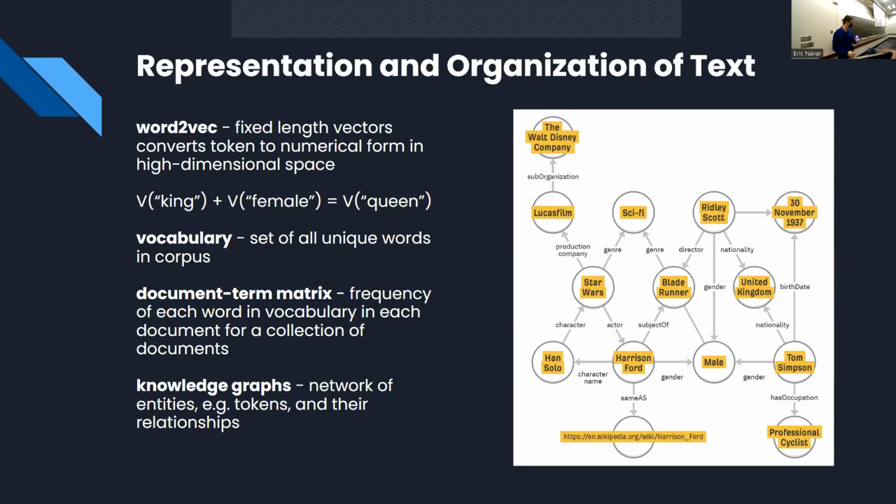So it's a fixed length vector, which means it does not matter what word you're trying to represent, it always outputs a vector of the same length, let's say d-dimensional. So it'll be a vector of d numbers. And so you're essentially casting these words into a numerical high dimensional space by converting them into vectors.